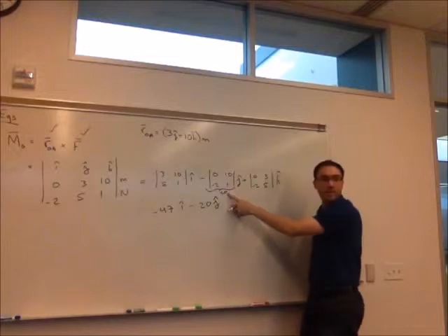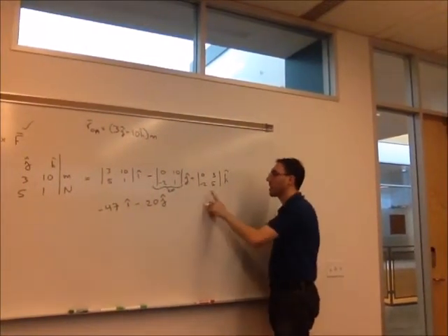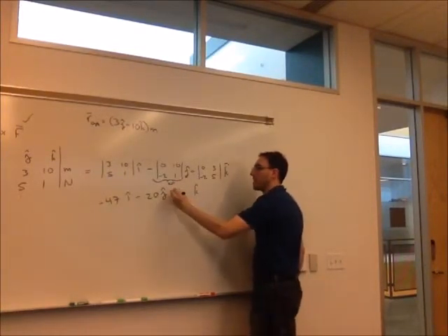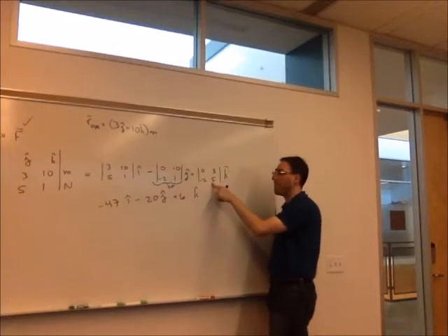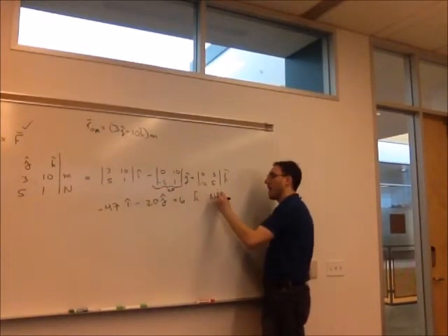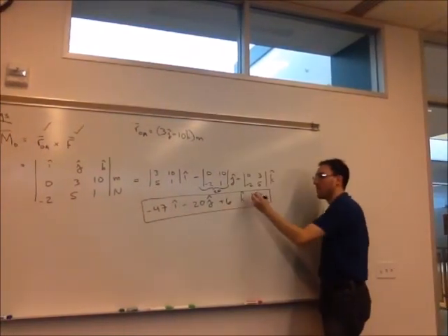The cofactor gives us 20, but remember we're subtracting that cofactor, so negative 20. And then lastly, what do I have in front of the K? Right, plus 6. 0 times 5 minus negative 6 is positive 6K. And this is a moment, so it has units of Newton meters.